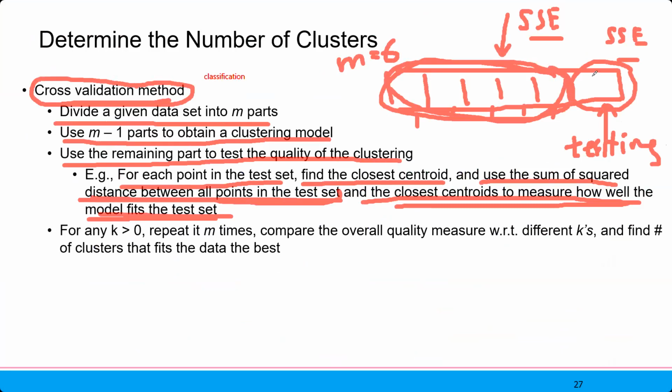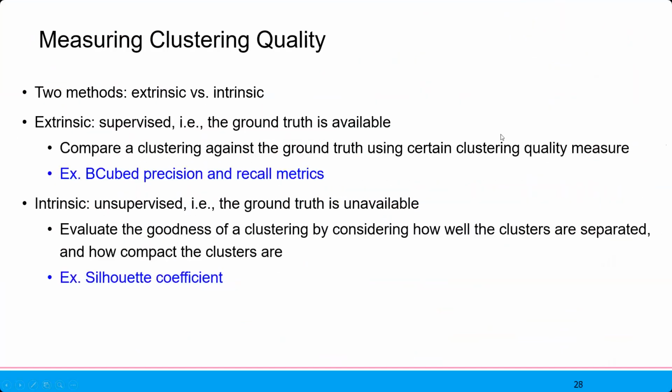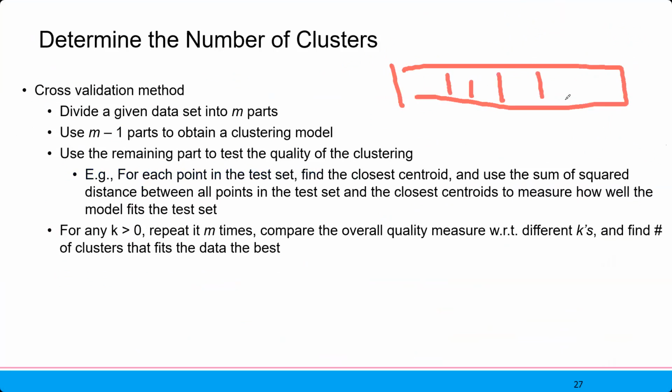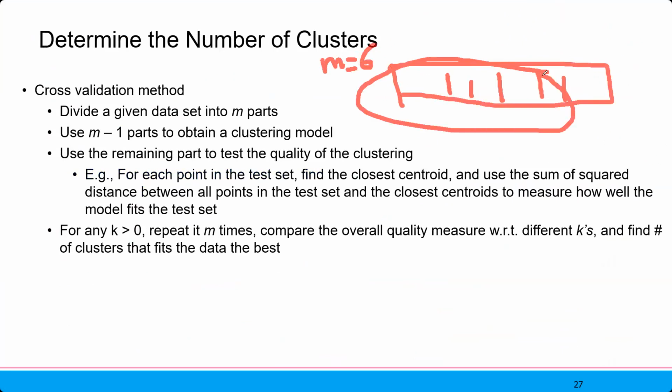After you have this one, what happens next? After you select the 5 as the training and the remaining as the testing, you can do cross validation.